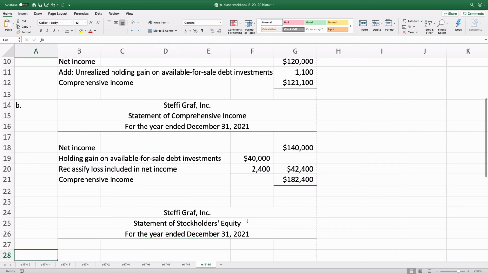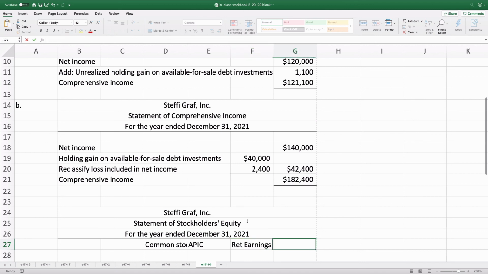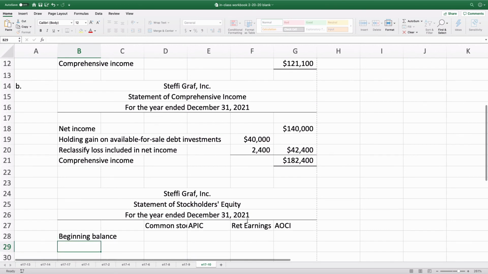And it says, so you would have something like this. You would have your common stock, additional paid-in capital, you would have retained earnings, and then we'd have this AOCI, and you'd want to write this all out because I'm just sketching this out, and you show your beginning balance, and then you make adjustments to this.